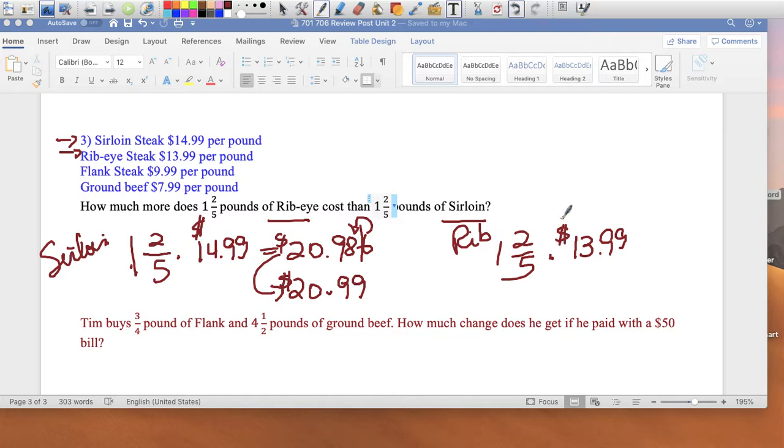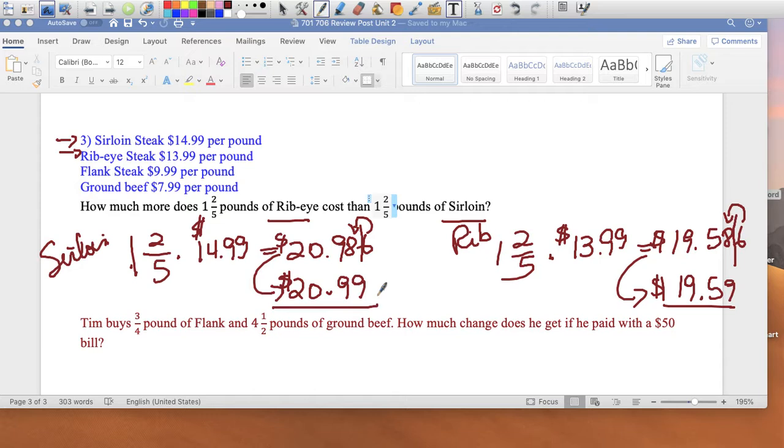So we're going to get 1 2/5 times 13.99. This one's going to be a little bit cheaper, so this is going to give us a total of $19.586. And again, we have to change this, right? $19 point. We're going to cut it, right? So that's going to make that go 59.